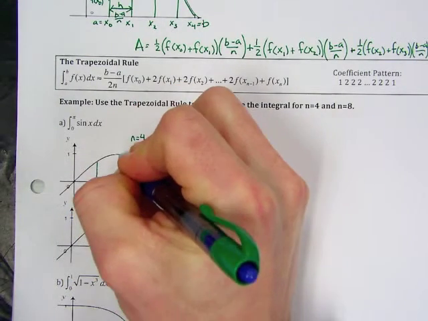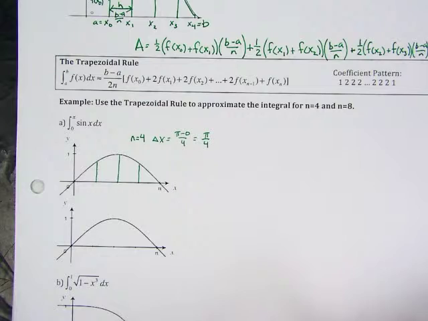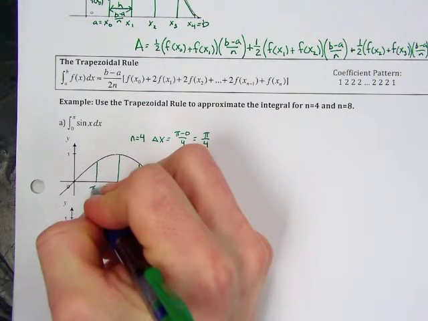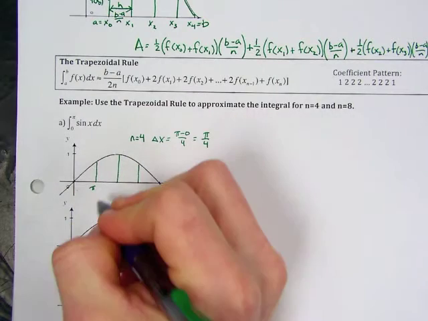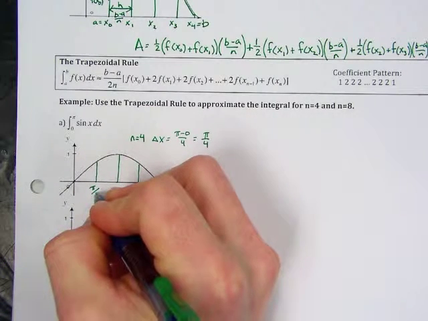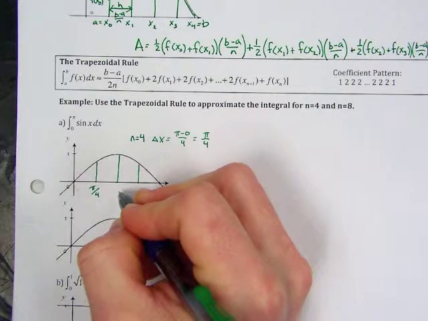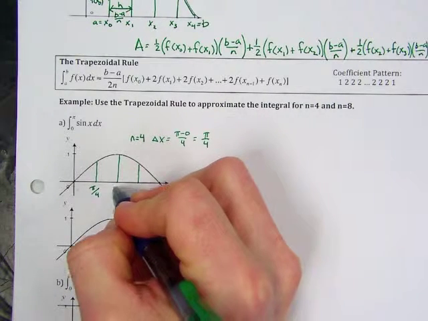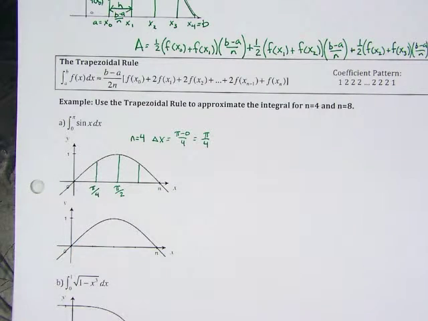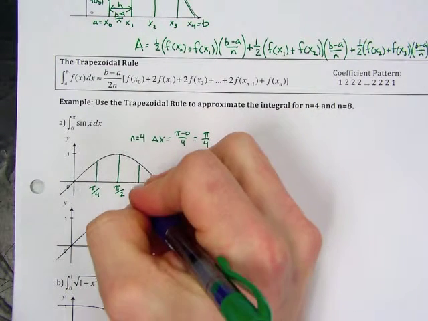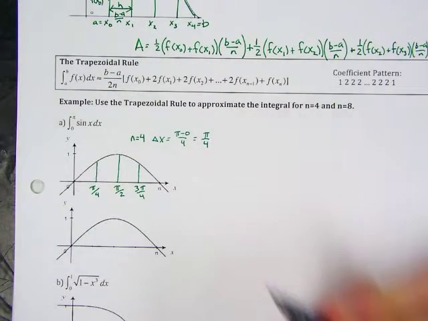We want to find the x value at each one of these. So the first one will just be 0 plus pi over 4. The next one will be 2 pi over 4, which is pi over 2. And you don't have to simplify as you go. And the next one would be 3 pi over 4. And then the last one is just pi.